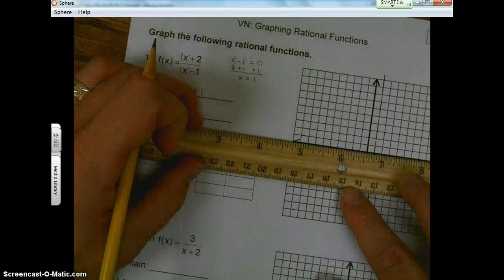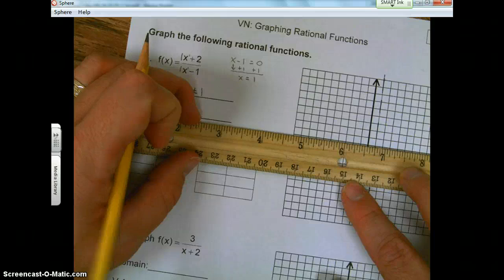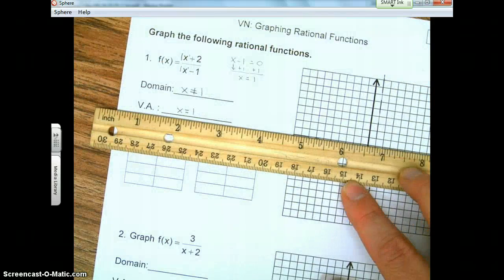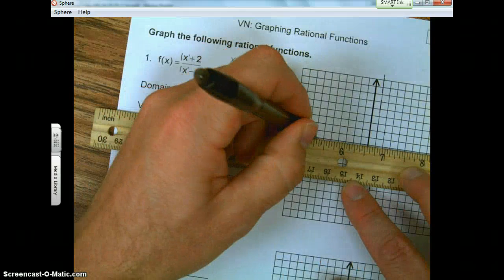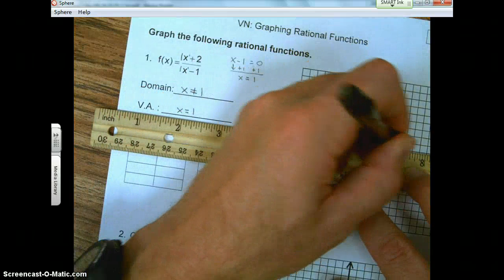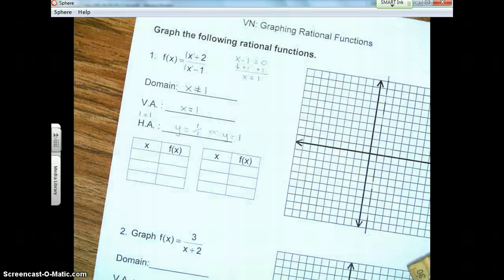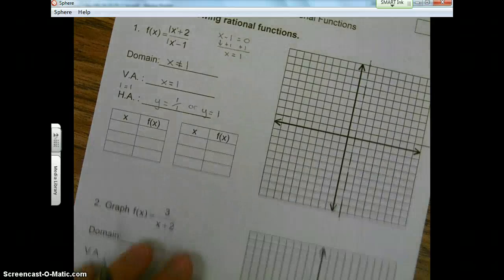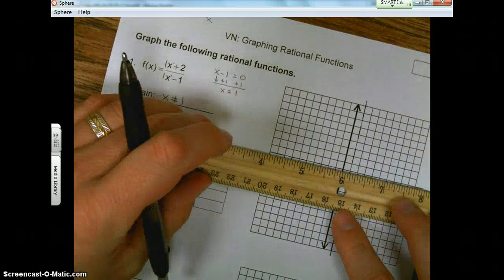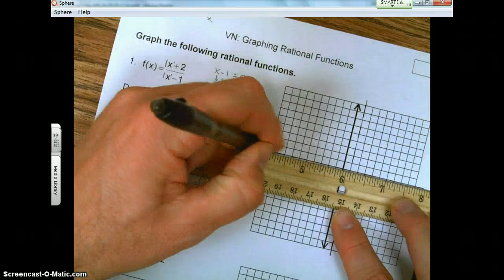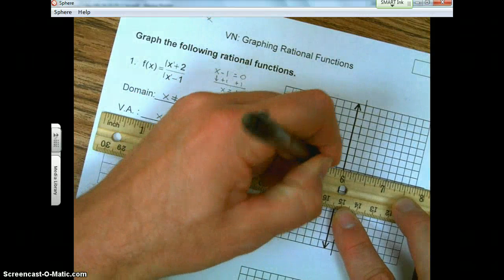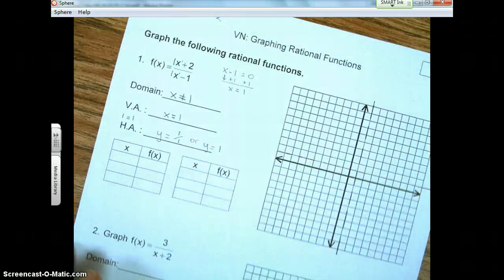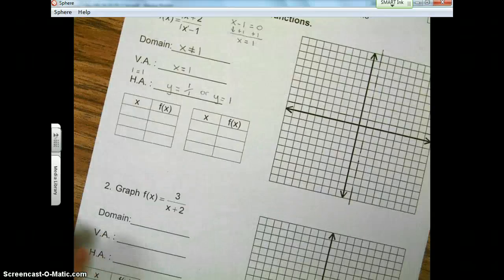We're going to go up 1 unit and draw in our horizontal asymptote. You can see that. I should make it a little bit darker here. Okay, still a little light, but that's okay.